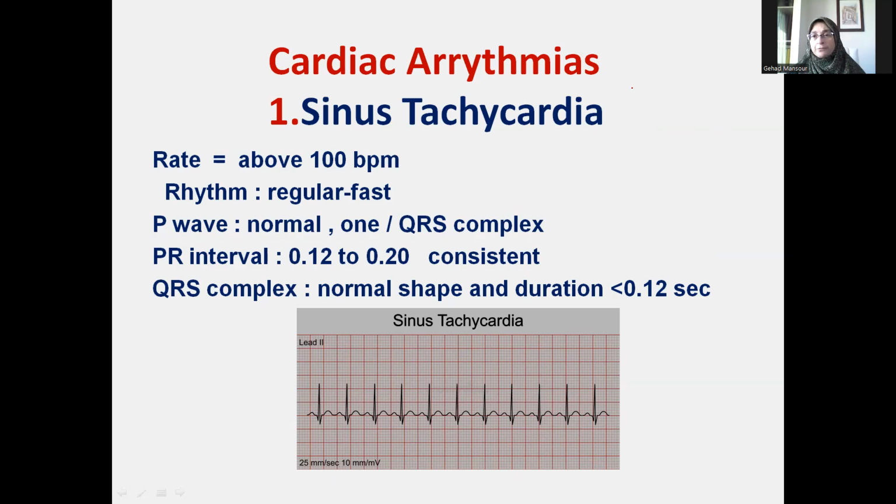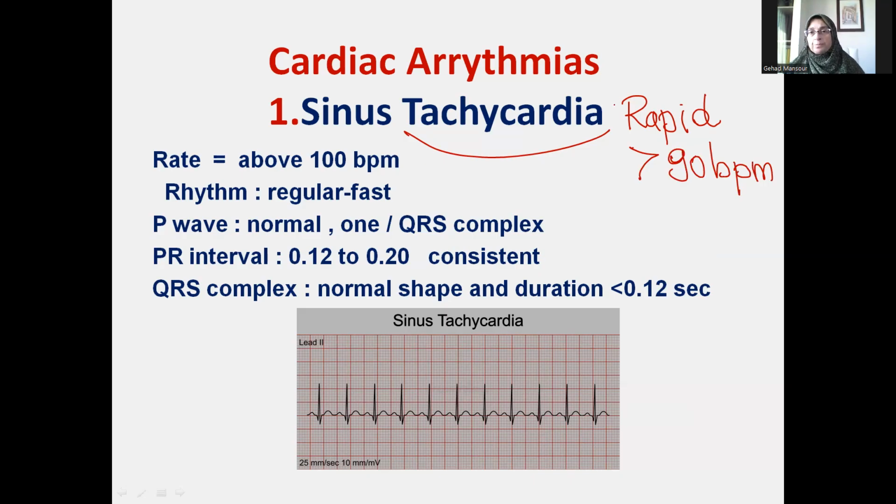First of all, you have to say that tachycardia means a rapid heart rate, meaning that it is a heart rate that is higher than normal, and therefore more than 90 beats per minute, not 100 actually. I prefer the references which say that tachycardia is a rapid heart rate that is higher than 90 beats per minute. What am I answering now? I am answering the question, what are the characteristics of sinus tachycardia?